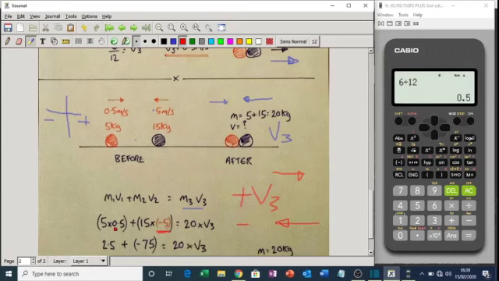So 5 times by 0.5, we can do it all in one go if you want to, 2.5, plus this. So 15 times by, don't forget the minus, times by 5, minus 75. So it's 2.5 plus minus 75.